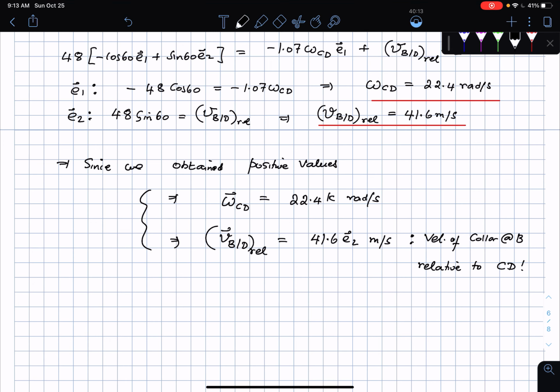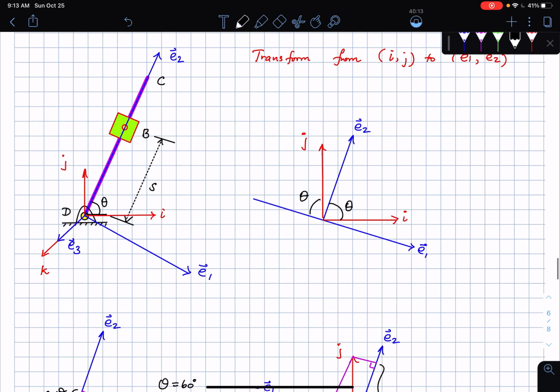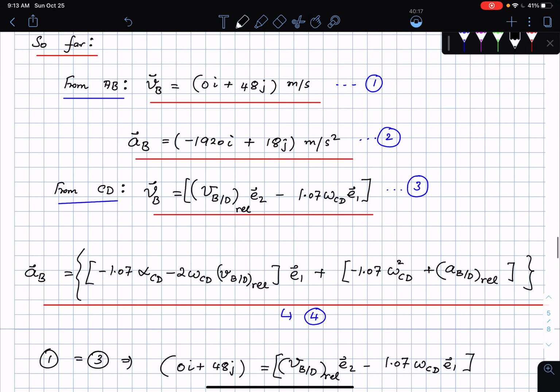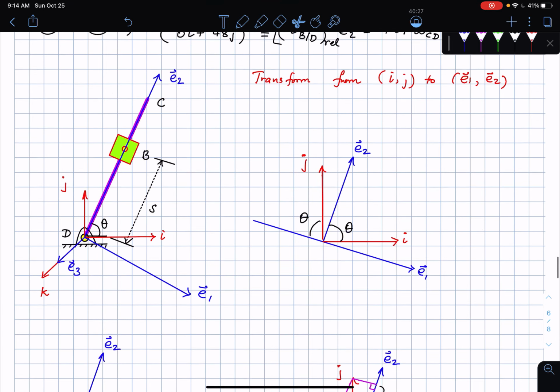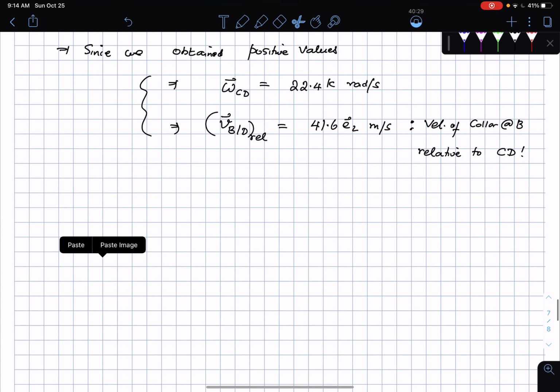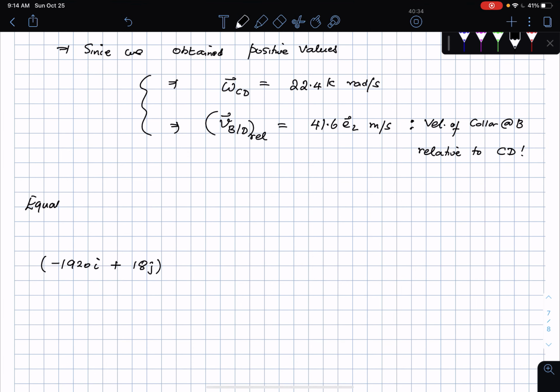Then we can call it a day after that. All right, so I'm going to bring the acceleration expressions which we have here. I'm going to equate equation 2 to equation 4, as you can very well see. First I'm going to bring equation 2. I'm going to try and copy that. So the acceleration expressions I'm going to equate, let me write this down here. Equate equation 2 to equation 4.